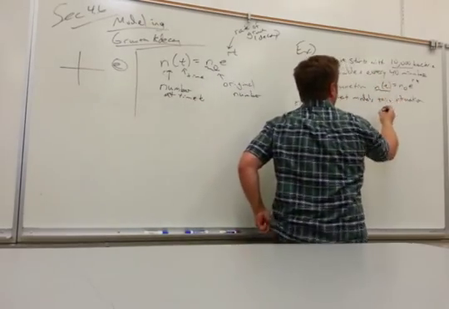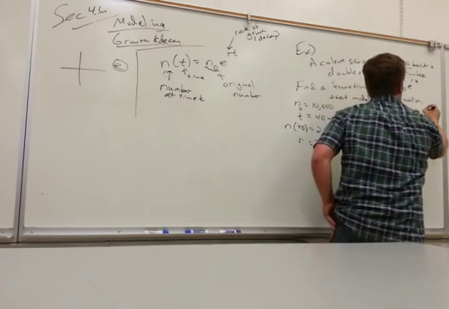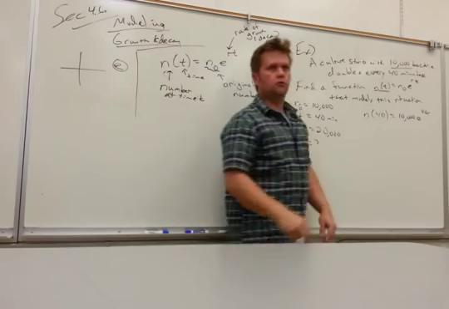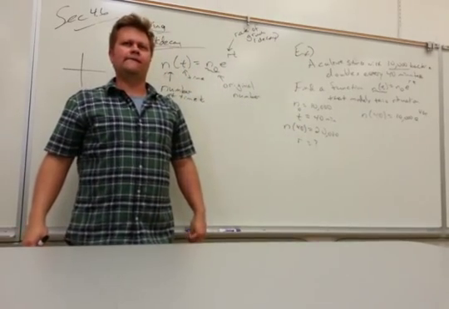So now I just fill in what I know. So n of 40 equals 10,000 e to the 40 r. Is that cool? Because the only thing I don't know is r.